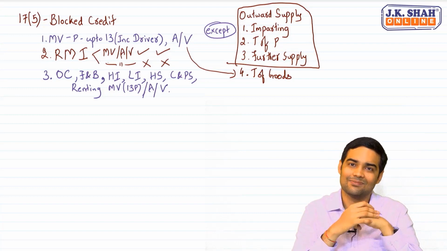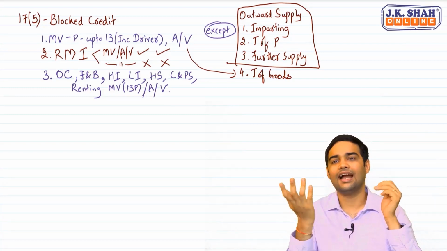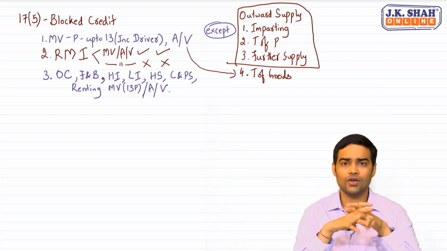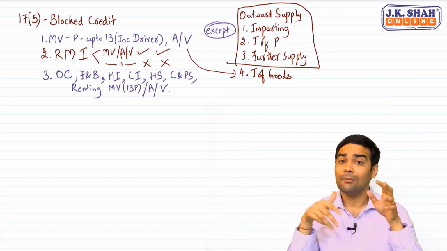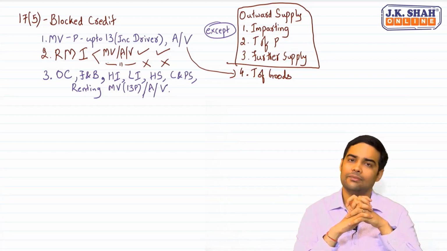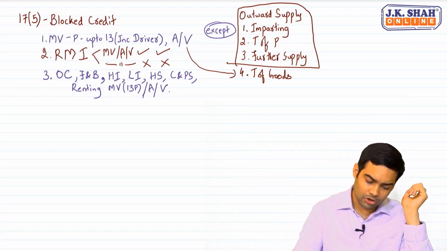The answer is yes. Because hospital is taking cosmetic and plastic surgery and giving cosmetic and plastic surgery. So if you are in the same category of outward supply, yes, you are eligible. But the end user of these will not be eligible for input tax credit.